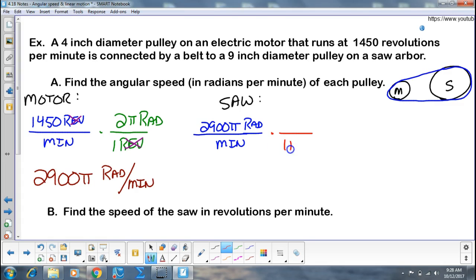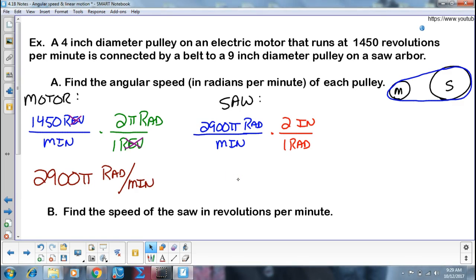Radius is a radian, so that takes out my radian, and that is 2 inches. Okay. So now I have the linear speed of the belt. That belt is always going at a constant speed. The pulleys are spinning at different speeds, but the belt is going at one speed. So now I can transfer over to the saw.